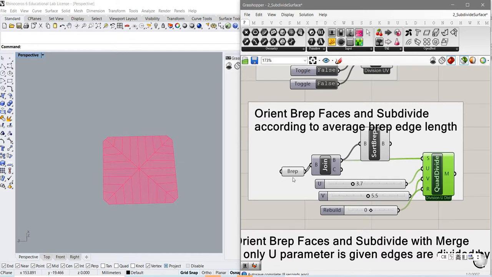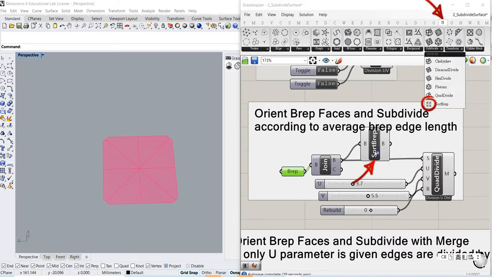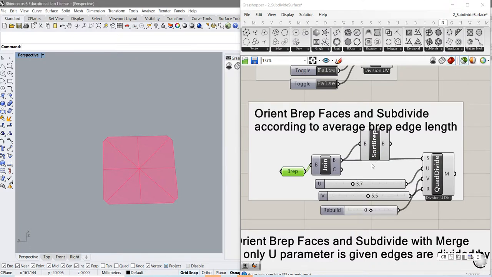Sorting the brep actually means that we have 8 surfaces, right? But when we use join, we imply or assume that there is a certain order and a certain orientation to join this brep. Sort brep, internally a component from NGon, will try to reorganize this set of surfaces.